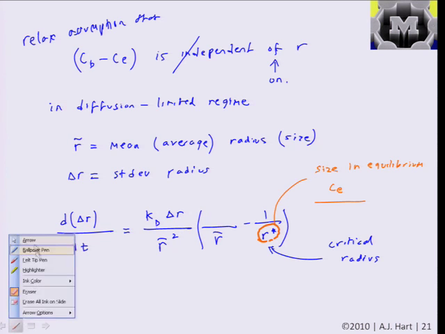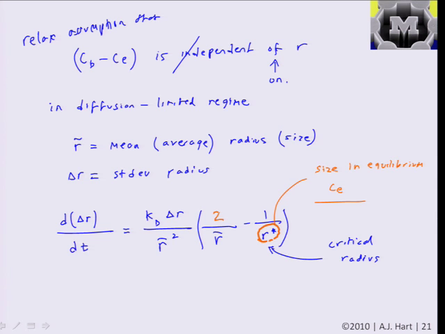So I just want to write this better as a 2. So it says that d delta R by dt is greater than 0 if R bar divided by R star is less than 2, and d delta R by dt is less than 0 if R bar divided by R star is greater than 2.